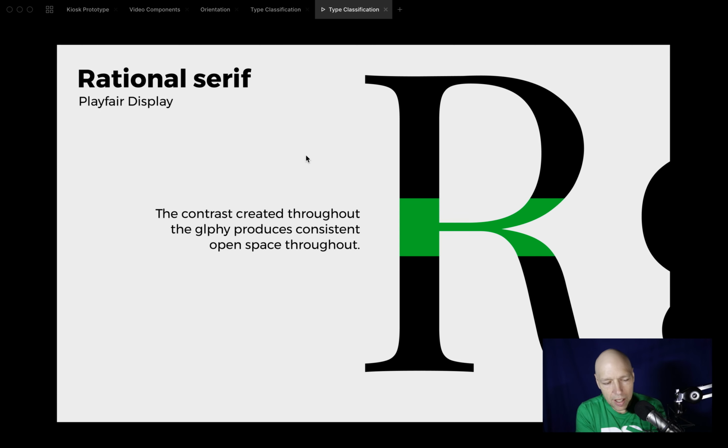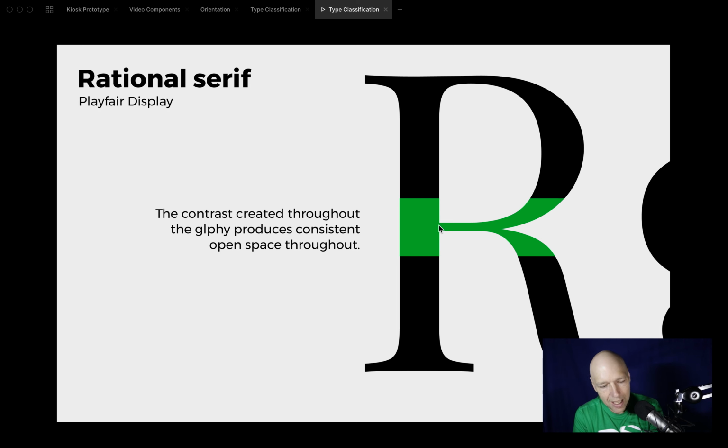The contrast, if you look at the vertical stroke here and you compare it to the leg of the R and the bowl of the upper R, it's all very consistent, very similar width. And then if you go horizontally, look at this as it connects here, and then the top.